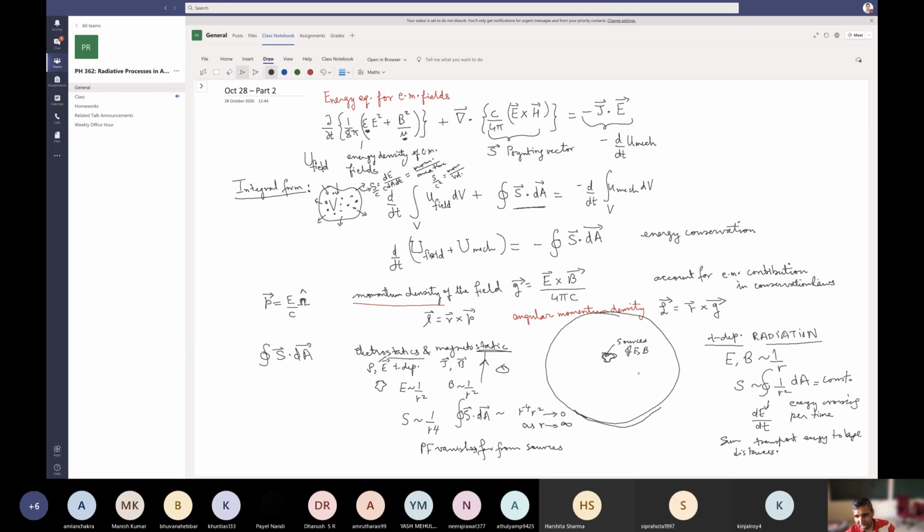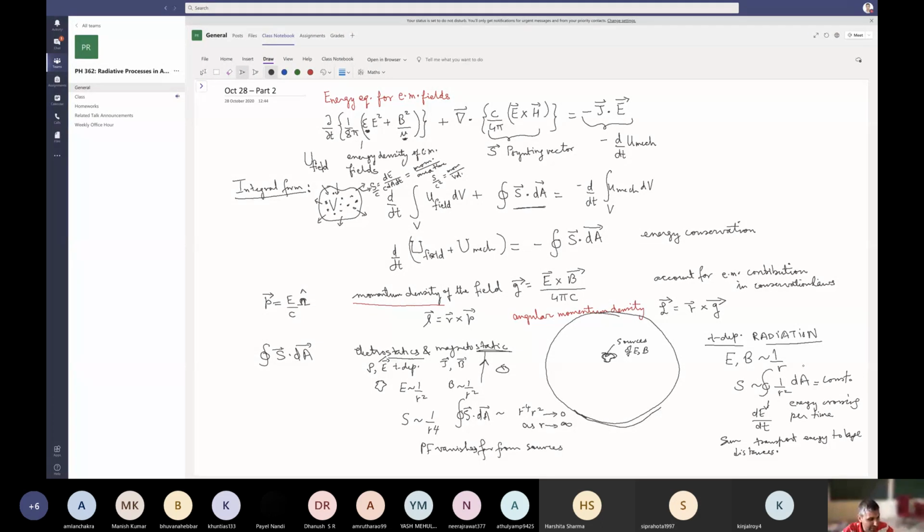But when you have dynamic, accelerating charges, your E and B in the radiation regime fall very slowly, and that's why you can have propagation of energy to very large distances, in fact to infinity. Basically you can transfer energy produced here to large distances without dissipation.